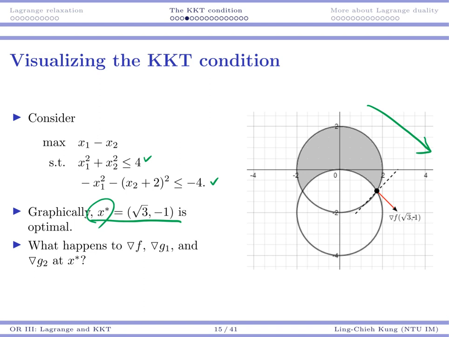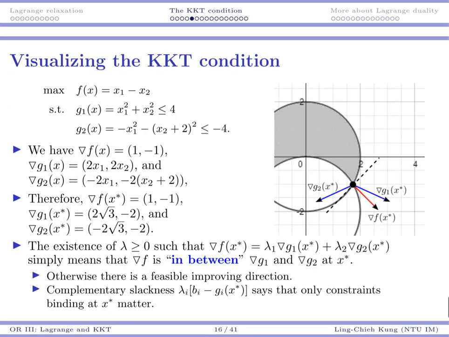So we now want to get some ideas about that gradient thing about our Lagrangian relaxation, right? So let's take a look at gradient f, gradient g1, and gradient g2 at x star to see whether we may find anything. For gradient, we know how to deal with that.